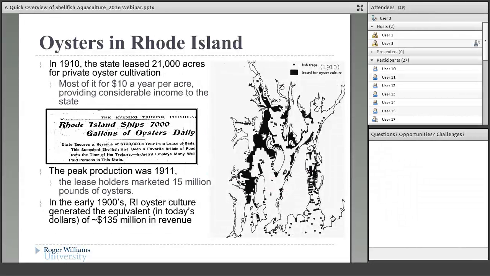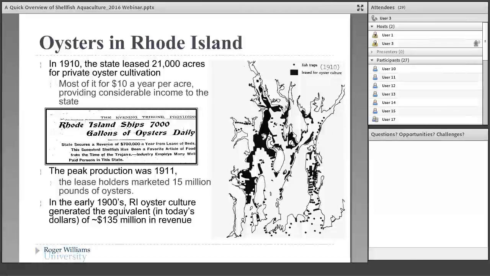By 1910, the state was leasing over 21,000 acres of oysters for private cultivation and was collecting $10 an acre as a lease fee. And that generated over $700,000 a year to the state with those fees, which was a significant amount of money.